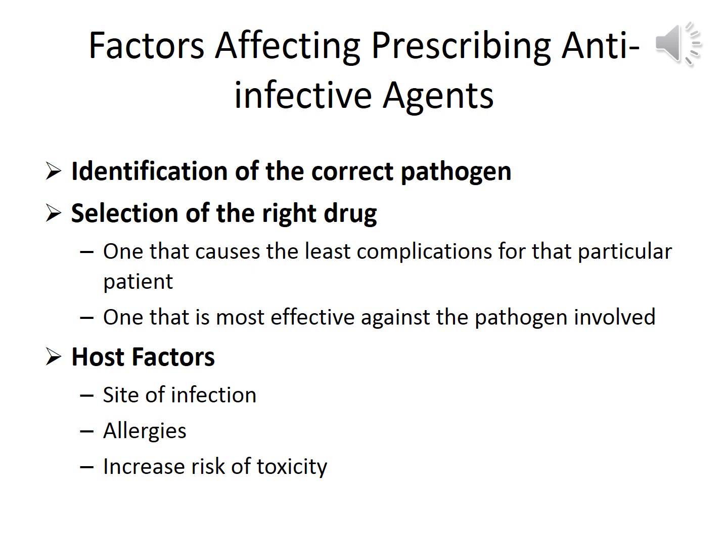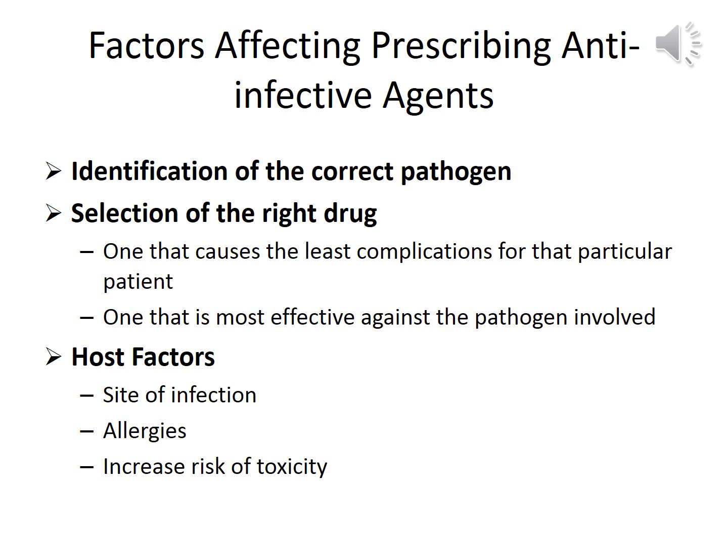The next one is, we're going to select the drug based on that pathogen, and again, there are going to be multiple different drugs that we can decide to use for that particular pathogen. So now we need to start looking at patient factors and saying, which one causes the least amount of problems for the patient and would have the best benefit?